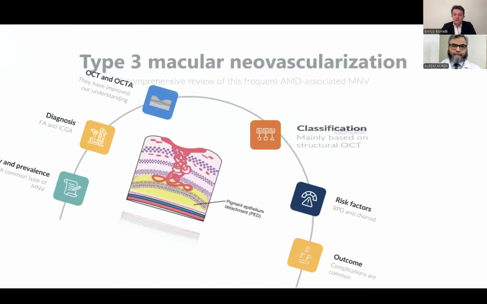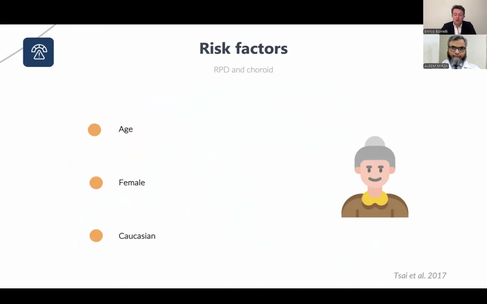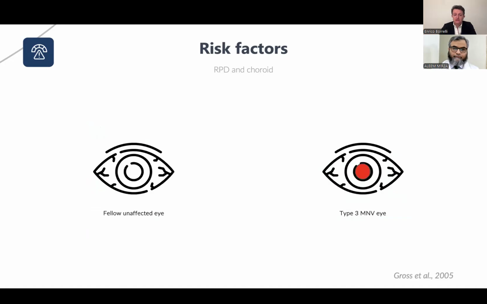So there are some risk factors for the development of type 3 macular neovascularization, including age. Females are usually more commonly affected by type 3 MNV, and also Caucasians. Another important risk factor is the presence of type 3 macular neovascularization in the fellow eye.